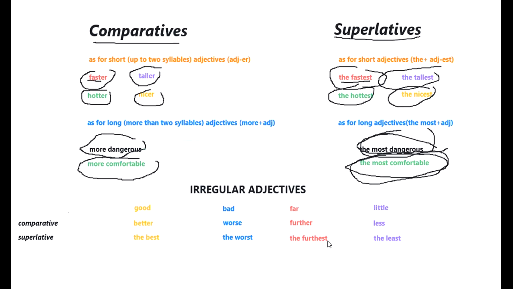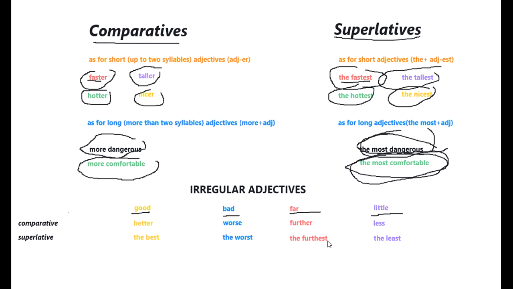I think you are all familiar with these adjectives, but when it comes to irregular adjectives, I want to mention four adjectives here: good, bad, far, and little. These are irregular adjectives because we cannot make them comparative by using the -er suffix or the -est suffix for superlative.